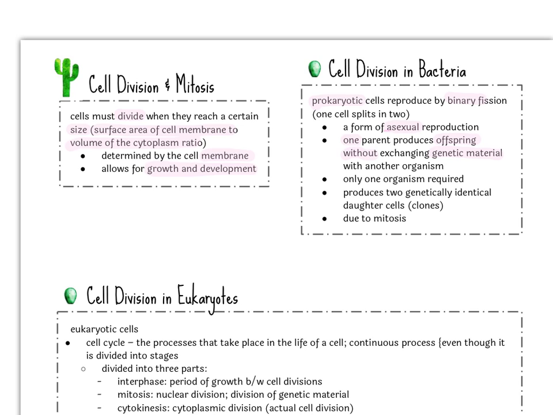So, to reiterate, only one organism is required. And through that, it produces two genetically identical daughter cells. Or as you might be familiar with it, clones. So since there's no exchange of genetic material, they basically just copy their genetic material and divide. So the two daughter cells are exactly like the first cell. And this is due to the process of mitosis.